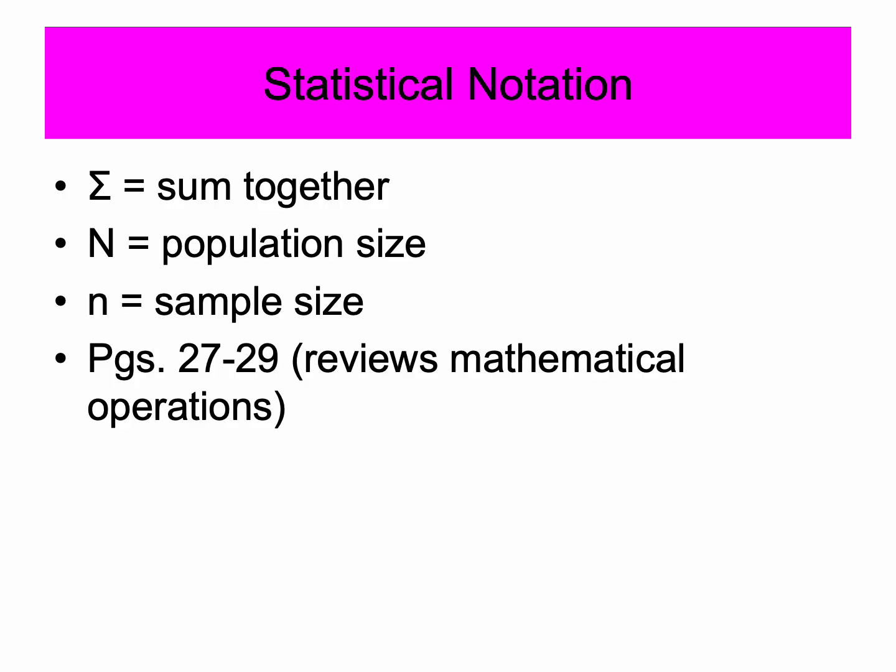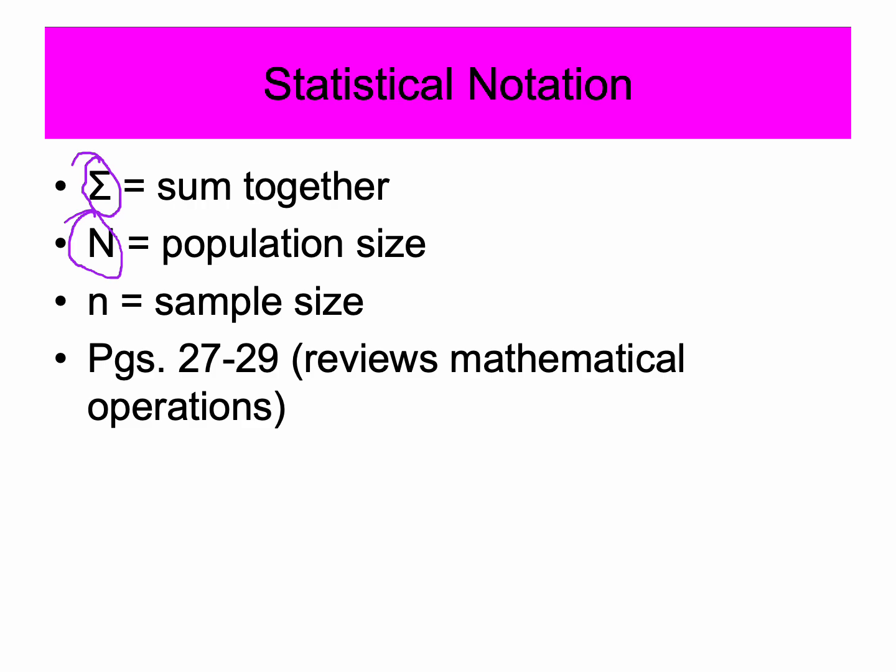For example, when you see uppercase sigma, and I say uppercase because later on we'll start talking about lowercase sigma, and that means something different, it looks different. But when you see uppercase sigma, it means add everything up after that symbol. So sum everything together. When you see uppercase N, in statistics, that's generally referring to the population size.